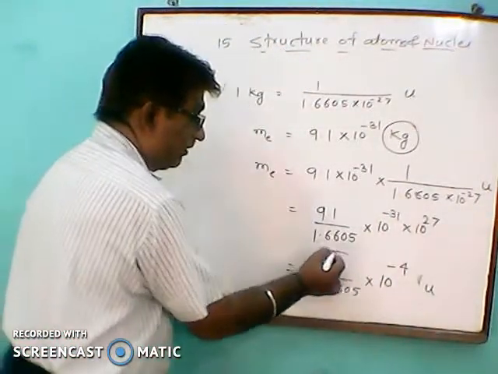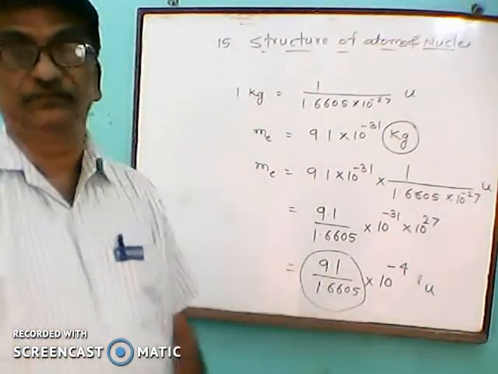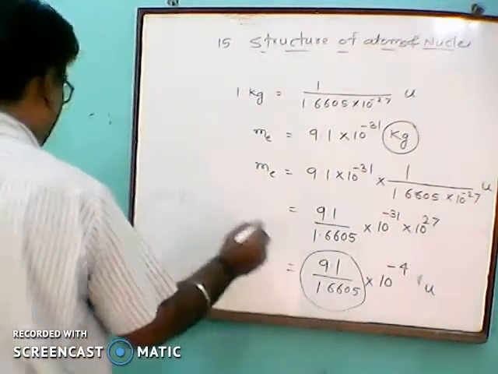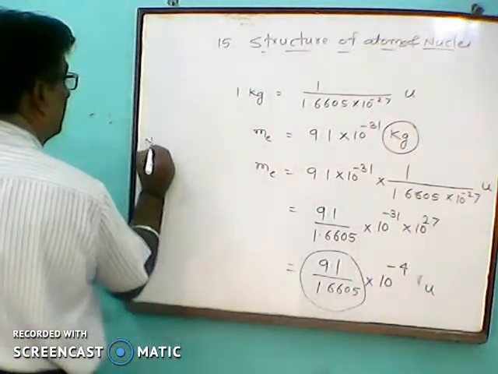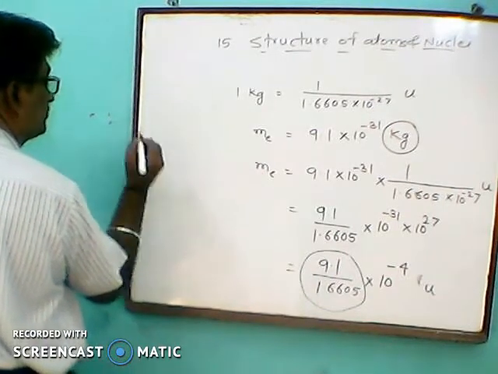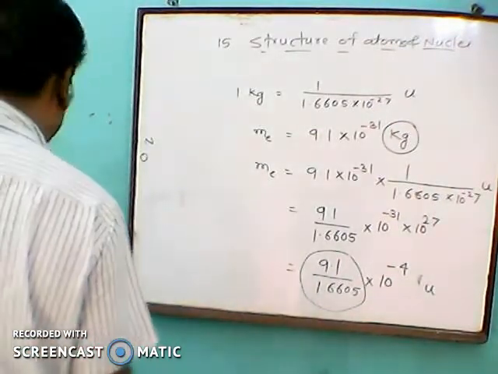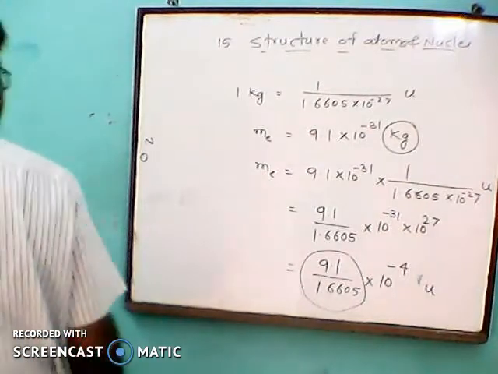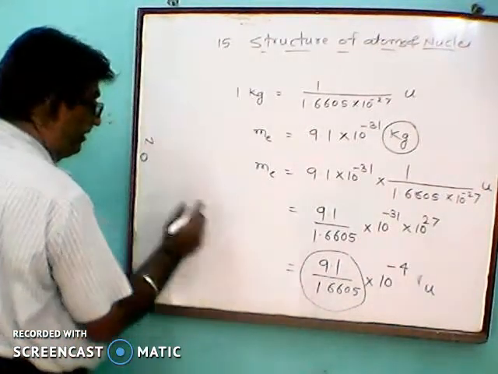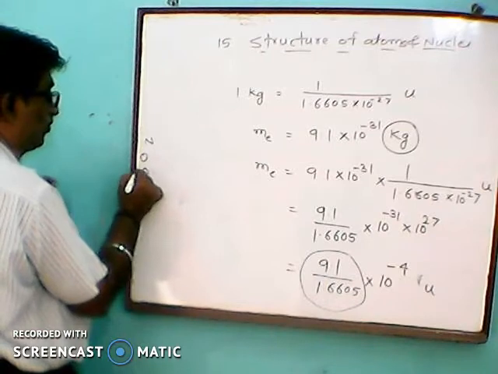If we calculate by using logarithm, the numerator 9.1 has characteristic 0, and the denominator also has characteristic 0.